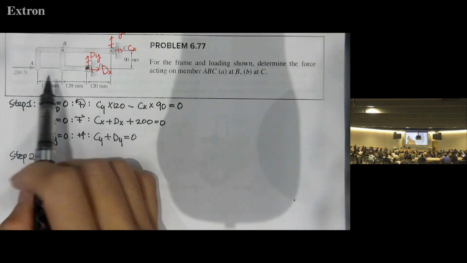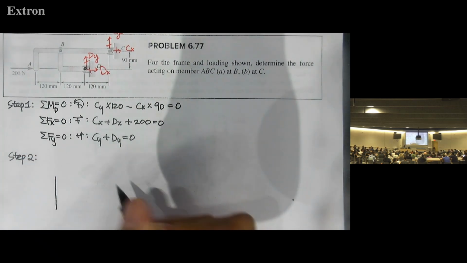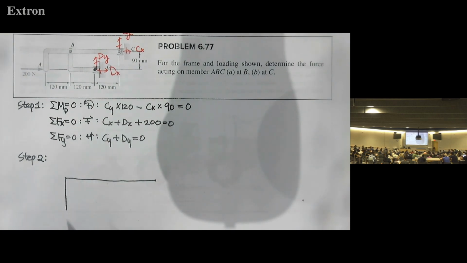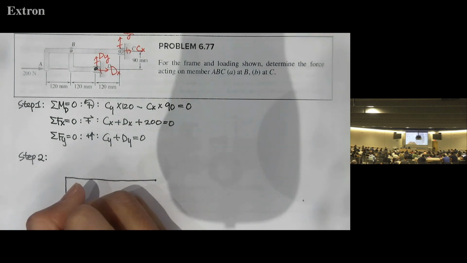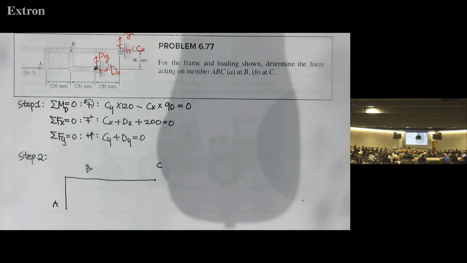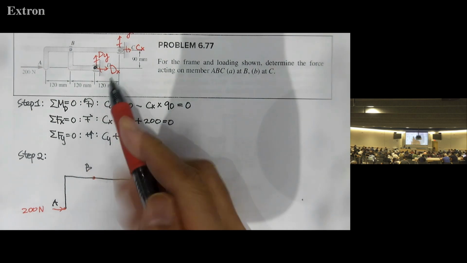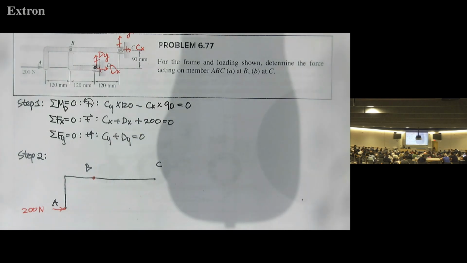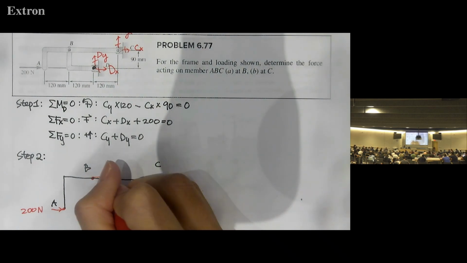So let's plot the upper member. Okay, and this is B, this is C, right? And then at A, we have 200 Newton. And B is a pin, right? So we can add 2 independent forces, Fx and Fy at B. So I'll use Bx.